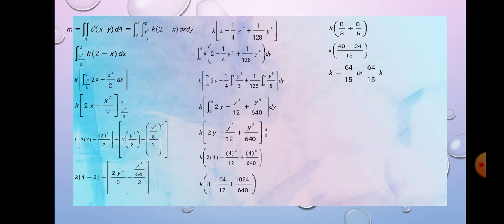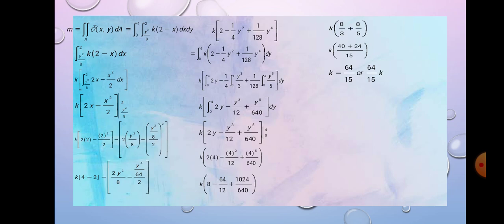So k times the quantity 8 over 3 plus 8 over 5. So k times 40 plus 24 over 15, using the multiplicative method. So 8 times 5 is 40, 3 times 8 is 24, over 15, since 3 times 5 is equal to 15.